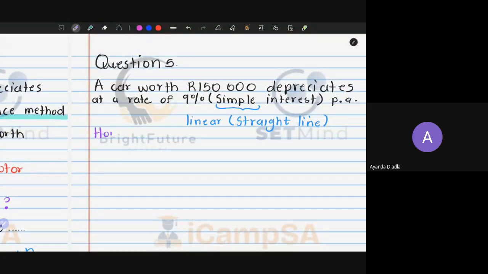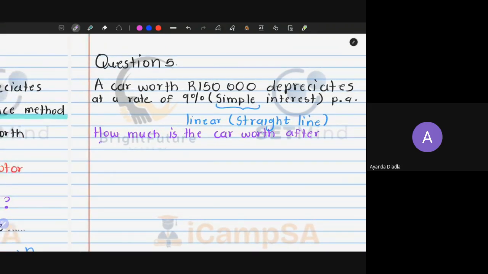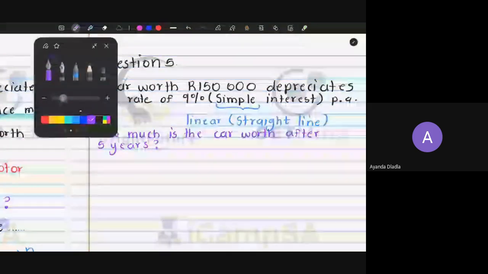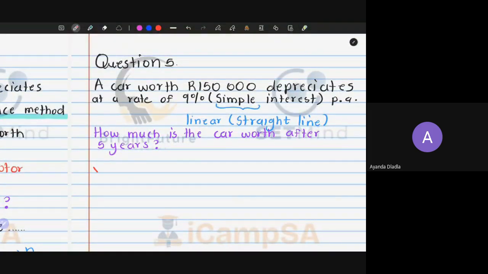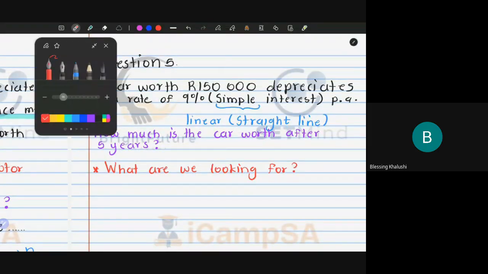So do we have any volunteer who wants to help us here? How much is the car worth after 5 years? So maybe the easier question is, guys, what are we looking for? We're looking for an amount.